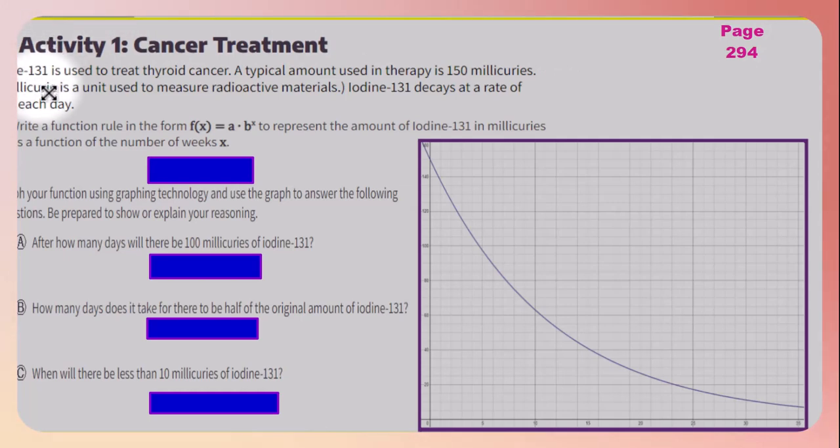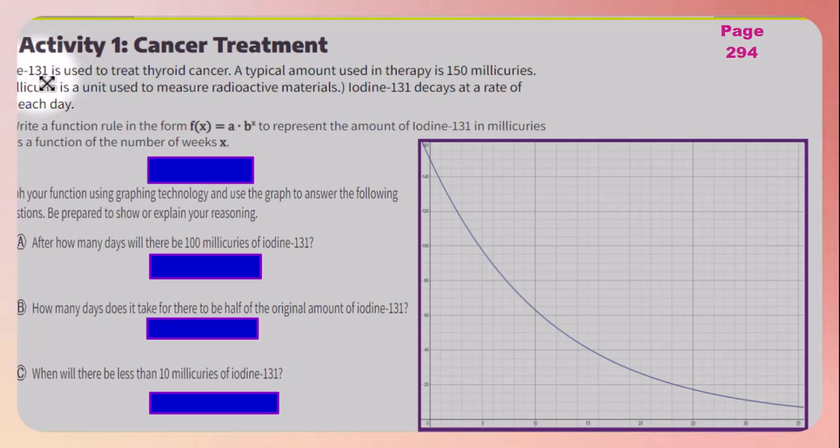Read through the problem, read it carefully, highlight important information, cross out anything that is not important, and then focus on answering the questions completely and as precisely as you can, using the vocabulary and the formulas that we've used in this unit.